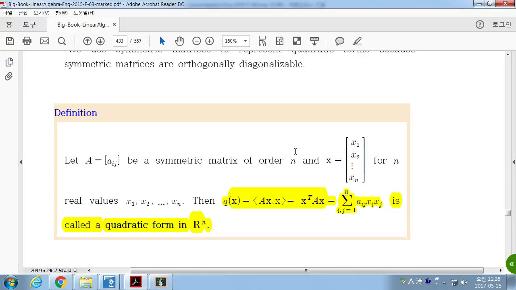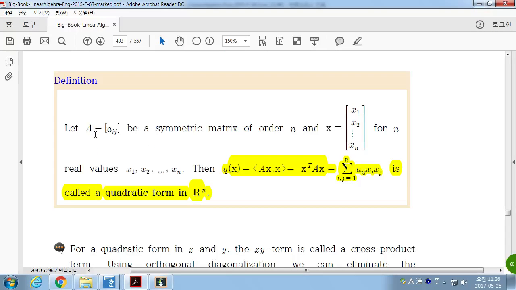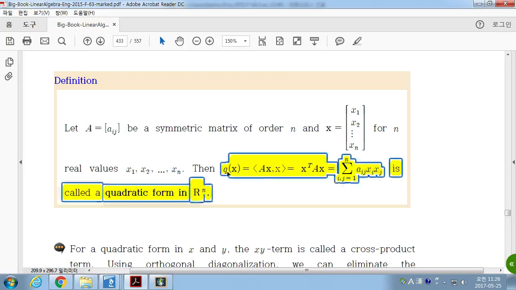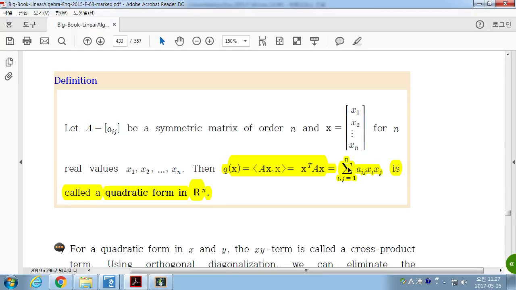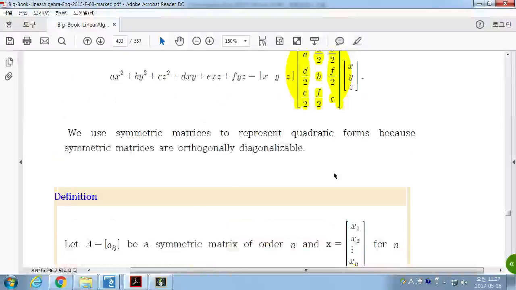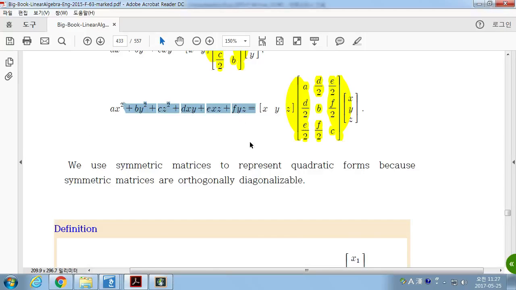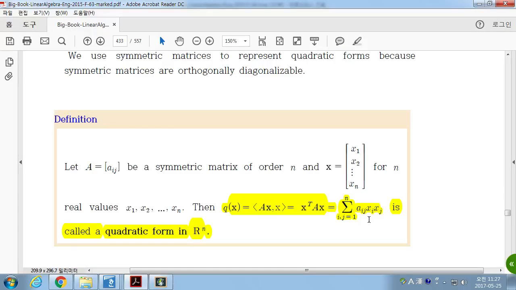Very important. Now, we have a definition. If A is a symmetric matrix of order n, and X is a vector, then Q of X, which is the inner product of AX and X, which can be written as X transpose AX, can be written like this, which, as you see in here, can be written in this way when you have more variables.